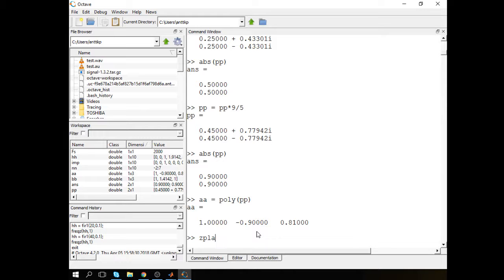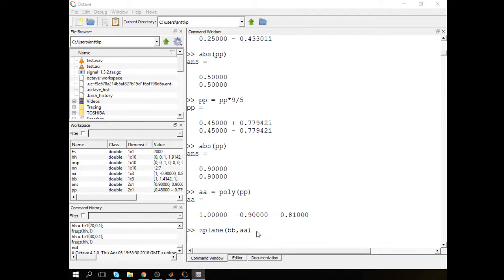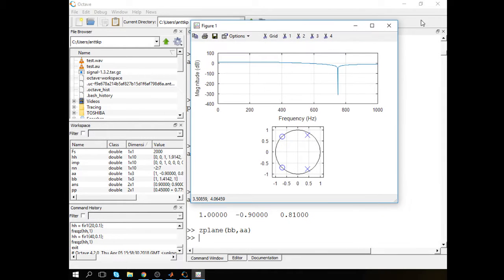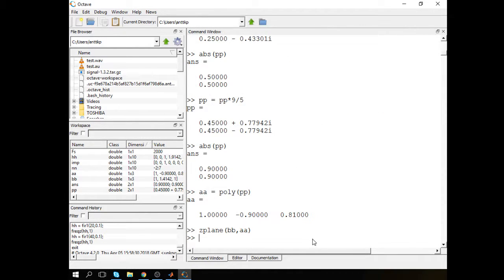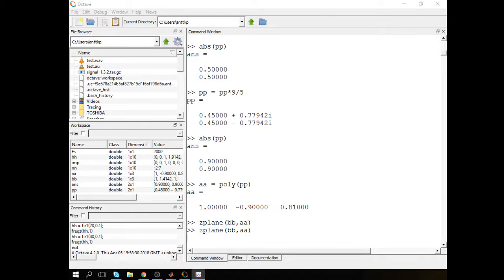Oh boy, this is not MATLAB. I need to do some clearing. Clear figure.